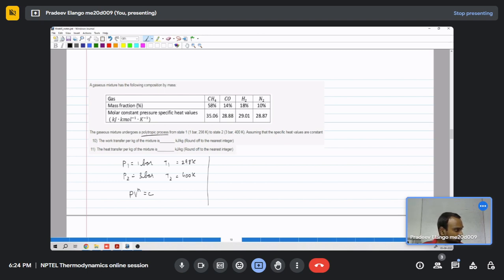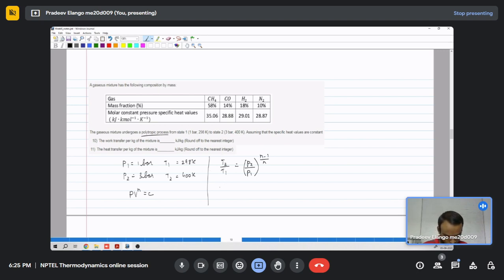So we know T2 by T1 is equal to P2 by P1 to the power n minus 1 by n. We would have derived this earlier. Using this, we can substitute the known values and get the value of n.